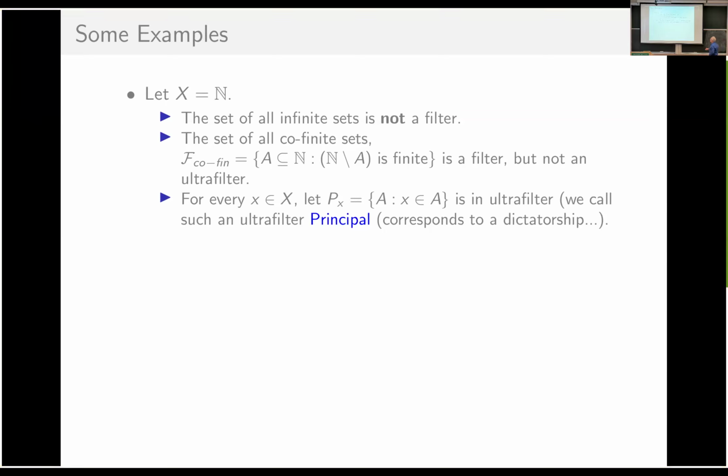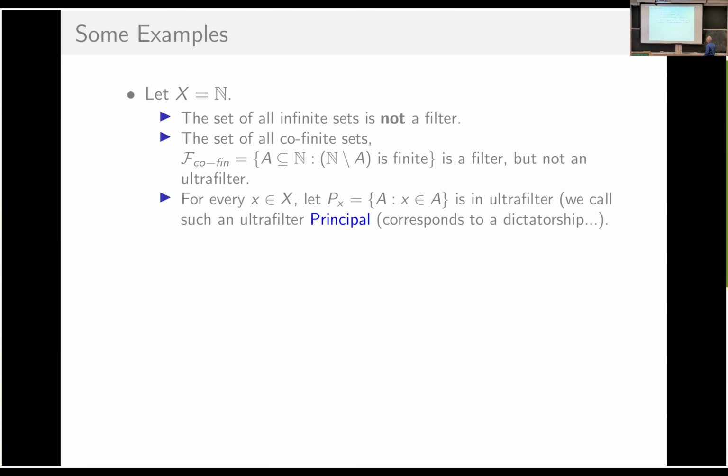If you take the set of all cofinite sets, all the sets whose complement is finite, then it is a filter. Because if you take the intersection of two sets that each miss just finitely many points, the intersection will also miss only finitely many points. So it is a filter, but it's not an ultrafilter, because not every set, either it or its complement, misses just finitely many points. The evens and odds are a counterexample.